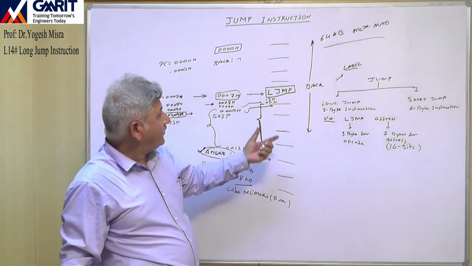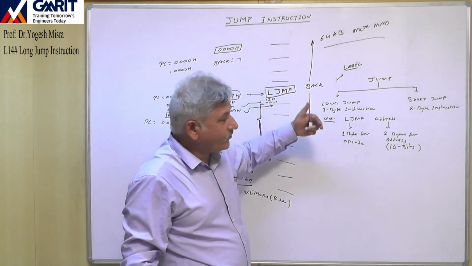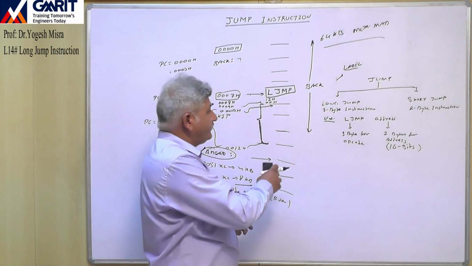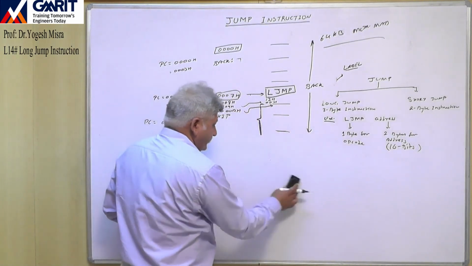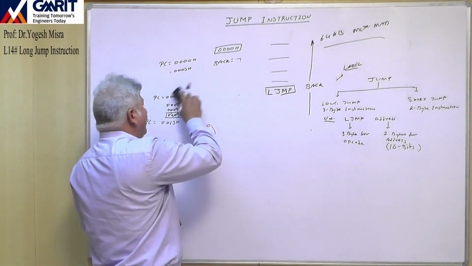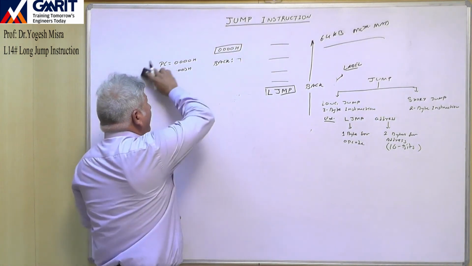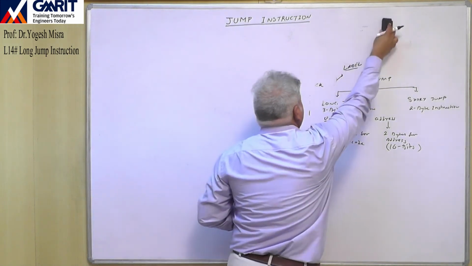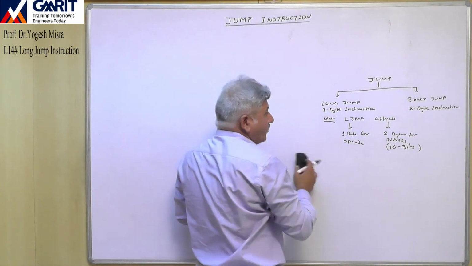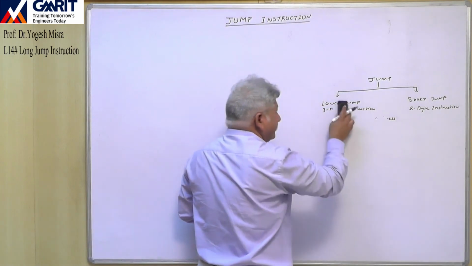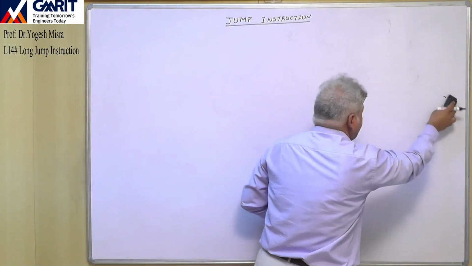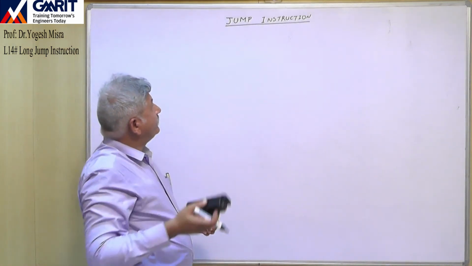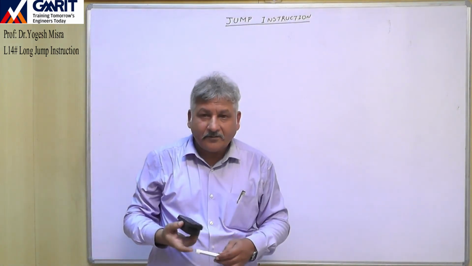So this is the advantage of LJMP. But of course, with LJMP we require one additional byte, which we can save by using short jump. So in the next lecture we will discuss short jump.